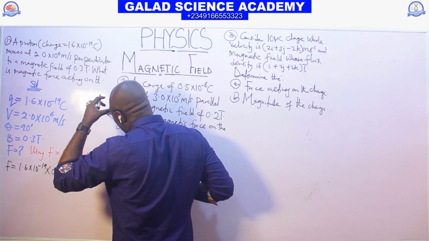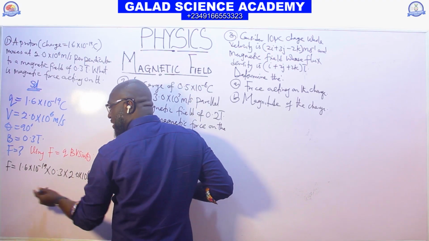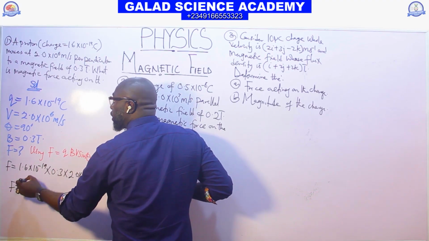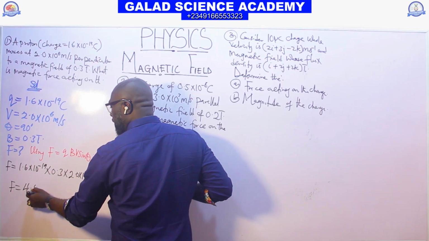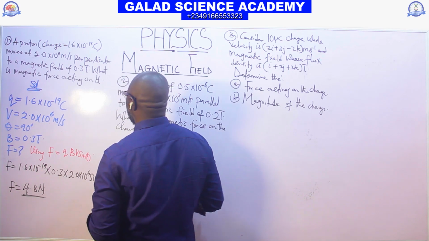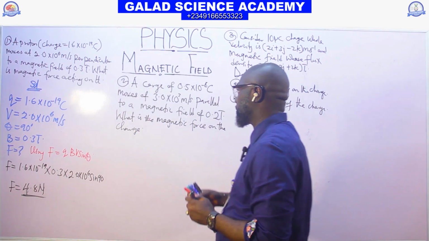Sine 90 will give us 1. So if you multiply everything, your final answer must be 4.8 Newton.